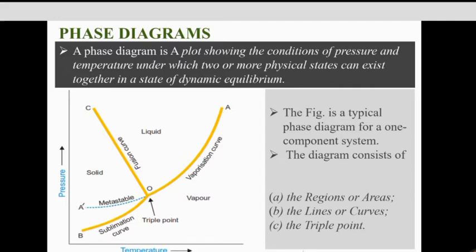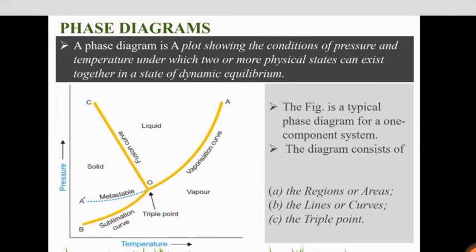The second point is lines or curves. What do these lines represent? The lines separating the regions or areas in a phase diagram are called phase boundaries.